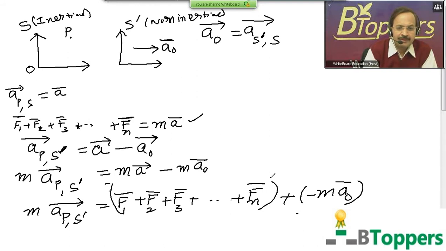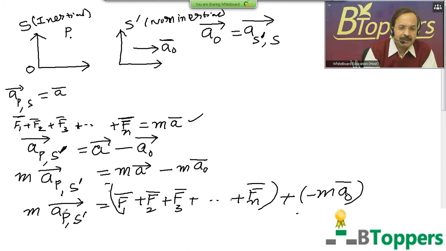That means the second term I have written separately on the right side. m a bar I have substituted equal to F1 bar plus F2 bar plus F3 bar. That means you can observe that the product of mass of the particle and acceleration of the particle in the inertial frame will be equal to the vector sum of all the real external forces which act on the particle with respect to the inertial frame.